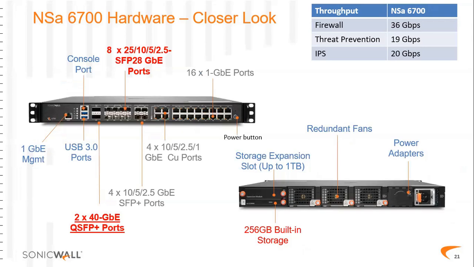So this is another model, the NSA 6700. They only provide 16 ports for 1 gig, and then 4 ports for 10, 5, 2.5 and 1 gig copper. And then 8 ports for 25, 10, 5 or 2.5 gigabit Ethernet SFP28 ports.